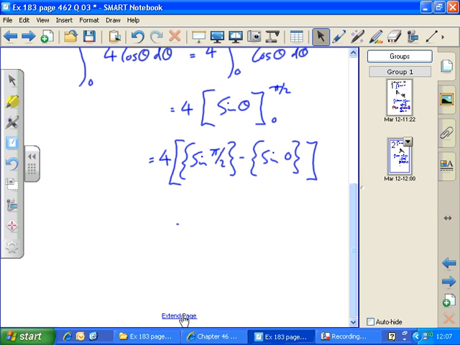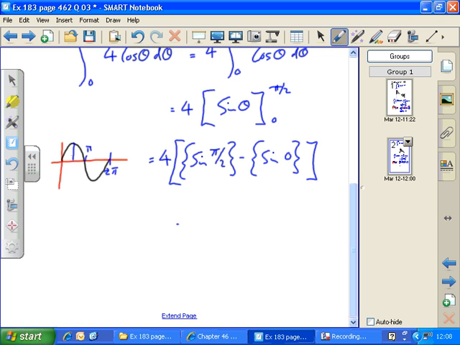Again, thinking about the curve or putting it into your calculator, what does the sine wave look like? It's worth knowing these things. That's what the sine wave looks like. This point here is, sorry, 2 pi. So this is pi.